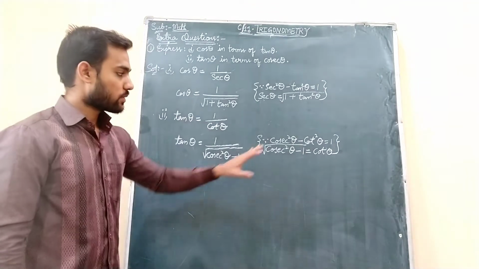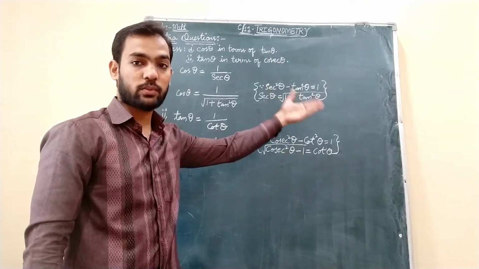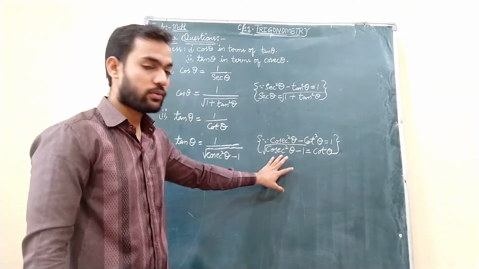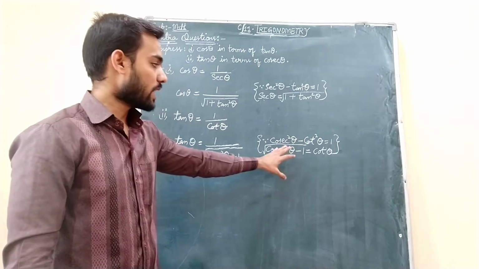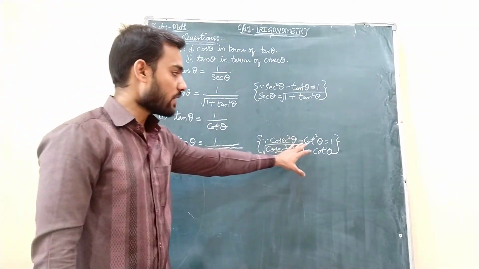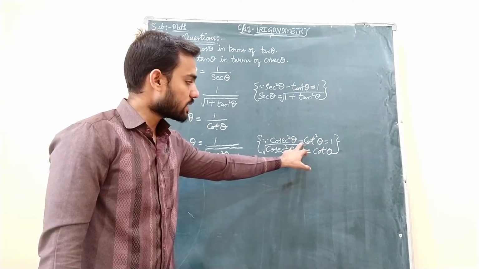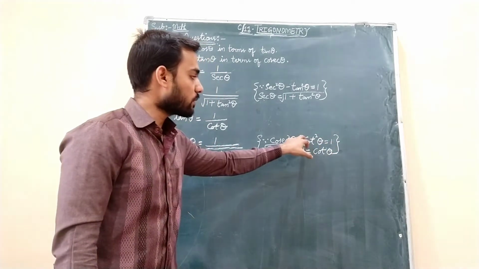Understand students? Just practice these types of things, transposing and changing one trigonometric ratio in terms of another very carefully, because many students commit mistakes here. So I will explain this part again. I want the value of cot theta through this identity. When I see this one, this is negative, so I have taken this side and brought 1 over here.